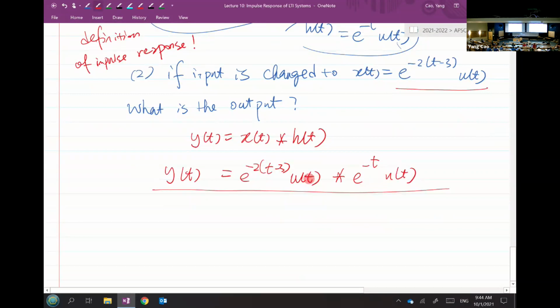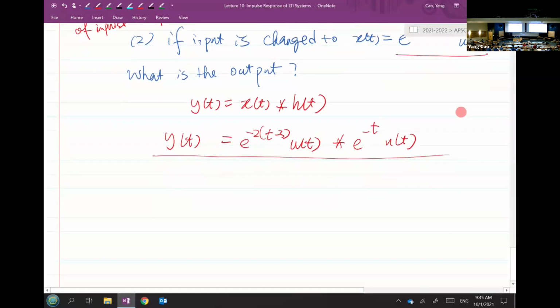You have to be able to graph a very basic exponential decay function. You also have to graph it multiplied by u of t. Anything multiplied by u of t basically means a causal signal, so you only have the right side of the function, and the left side of t equal to 0 is all 0, right?